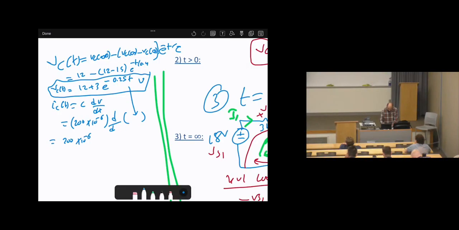The derivative of the exponential, let's put the constant here, then negative 0.25, then e power negative 0.25t. Then you can calculate it. It will be negative, a number, e power negative 0.25t. And the unit, of course, ampere.